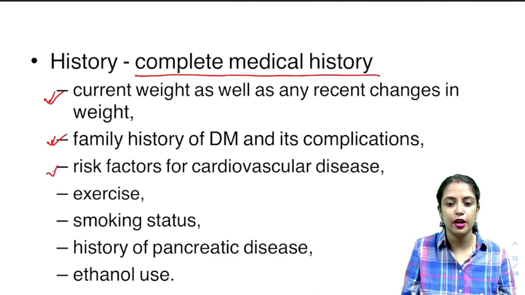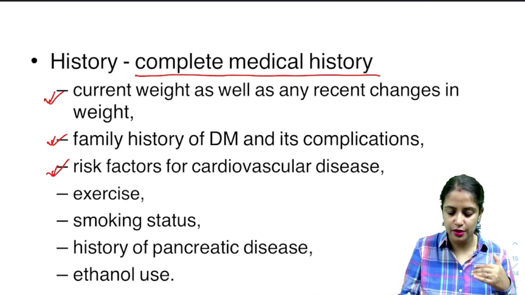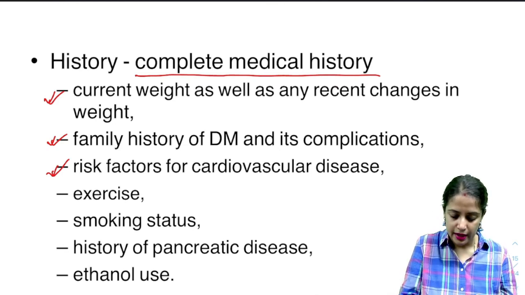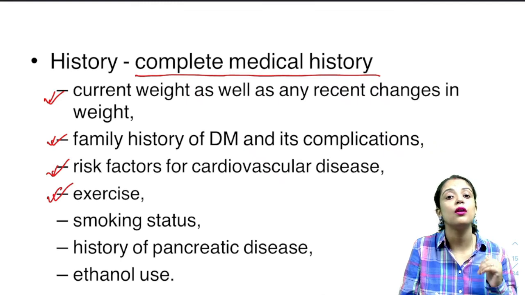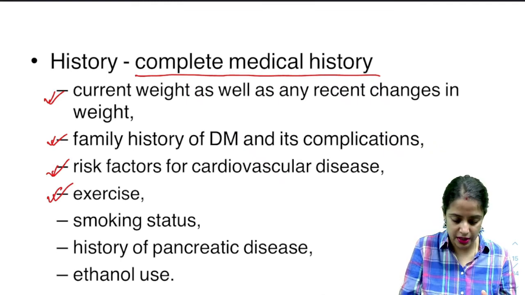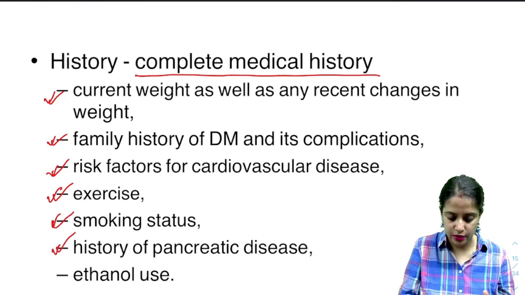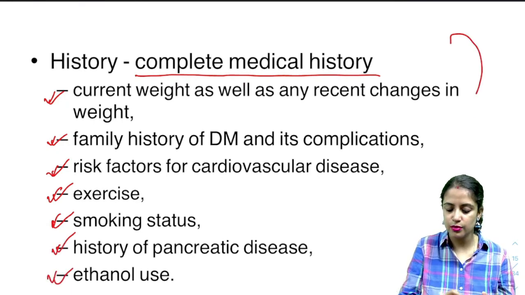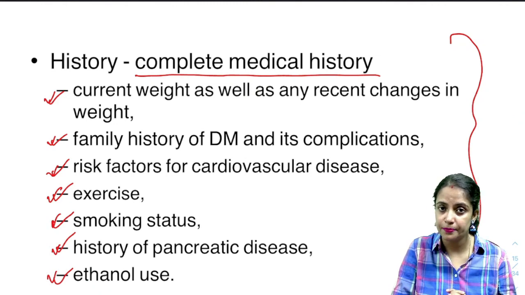Risk factors for cardiovascular disease or for the development of type 2 diabetes should be sought. Ask whether the patient does any regular exercise, what about physical activity, smoking status, history of any pancreatic disease, and ethanol use. These are the things we should be noting down from the history.